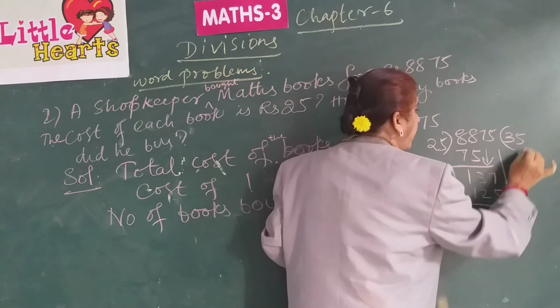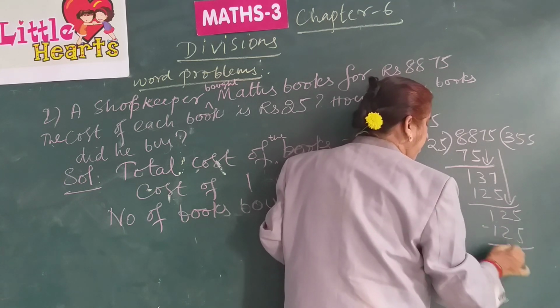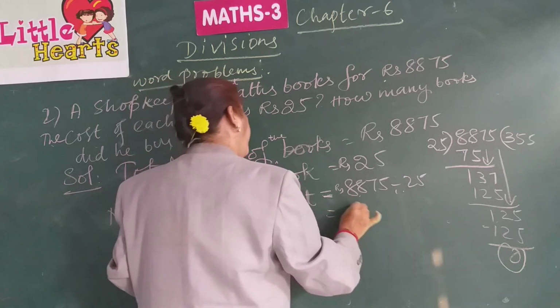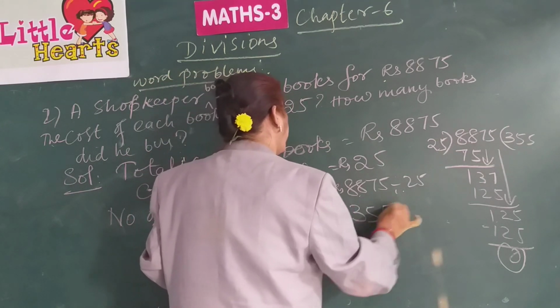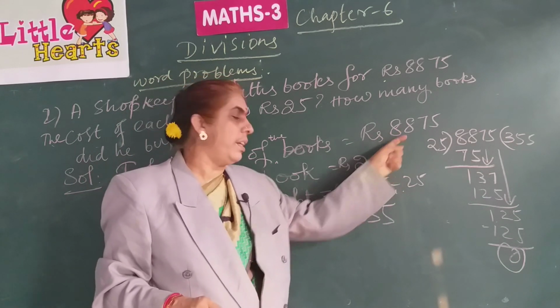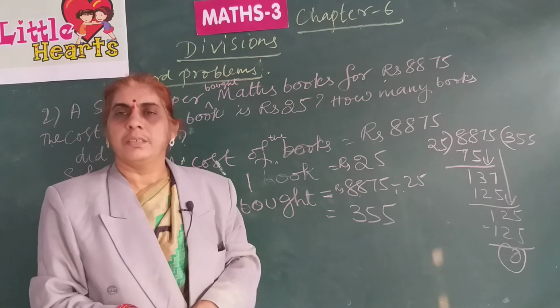Again 25 fives are 125. So the number of books he bought is 355. So how many books he bought for the amount 8,875? He got 355 books.